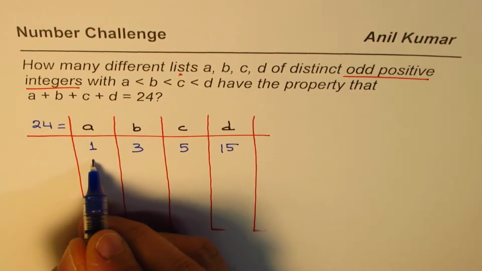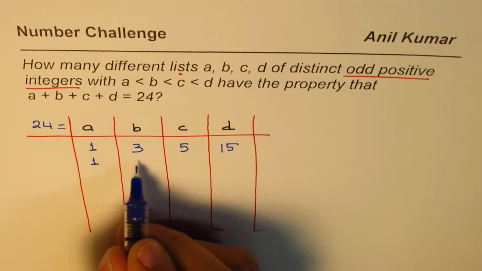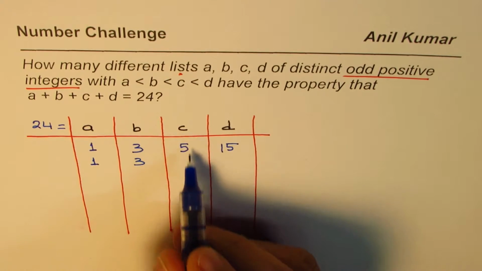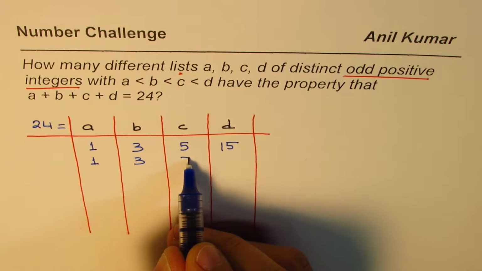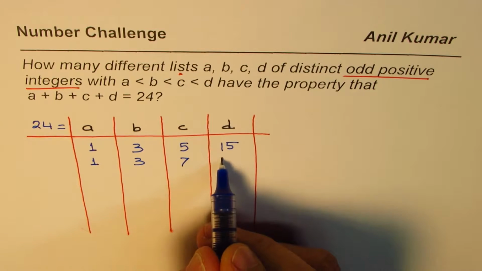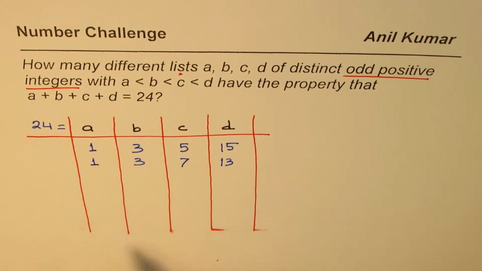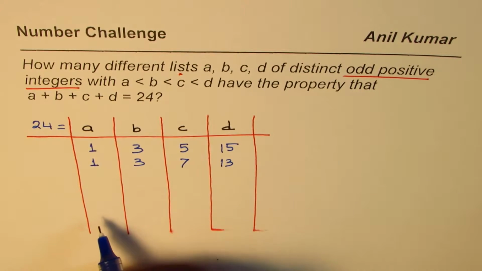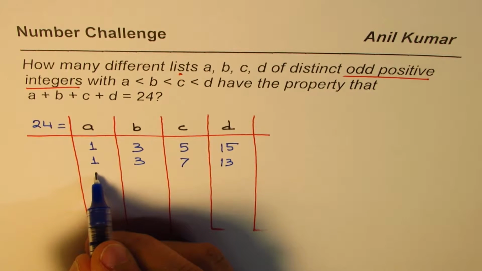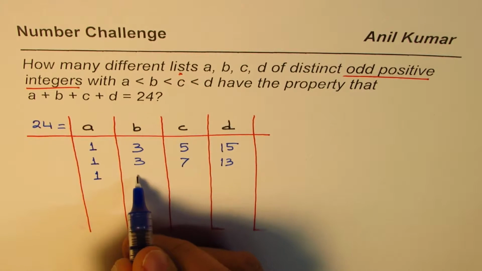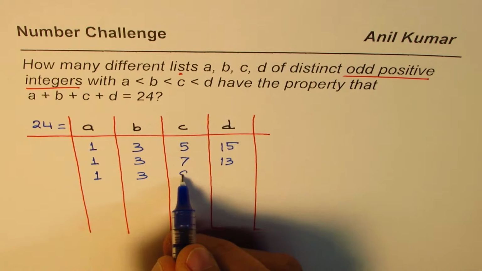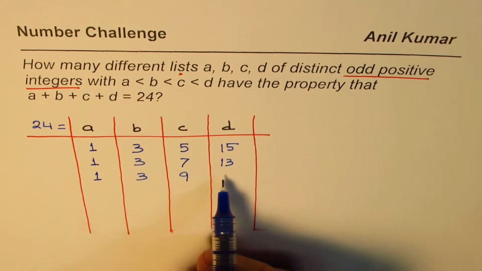For the next, we'll again keep 1 for A, 3 for B, and for C instead of 5, let me increase it by 2. So I decrease D by 2. And that will sum to 24. 4 plus 20. Is that okay? Then we can increase again 7 to 9. Now 9 plus what is 20?